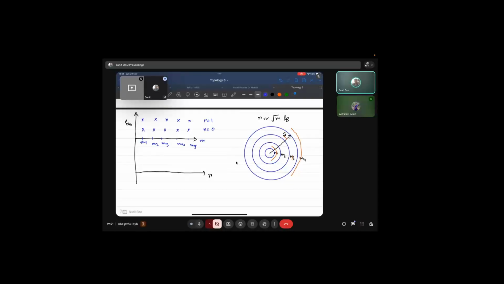And I have another layer, which is M4, sorry, M5. So we have three: M2, M3, and M4.